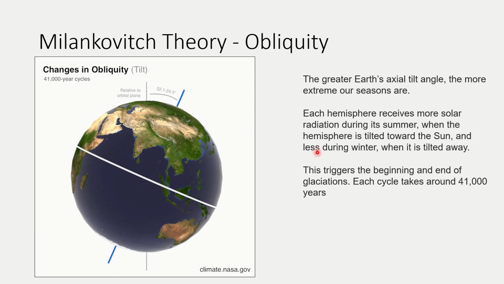Now, these variations have much to do with triggering glaciations, because if the North Pole is pointing slightly more away from the Sun, then it will receive even less heat from the Sun, and that can trigger colder winters and trigger a glaciation over a long period of time. And that's basically obliquity explained.